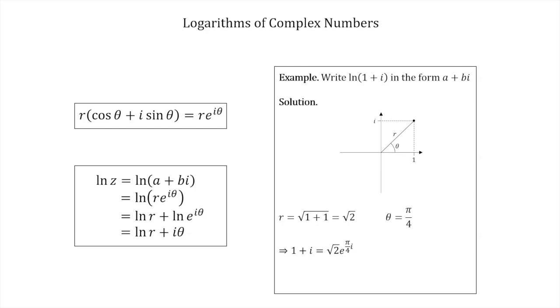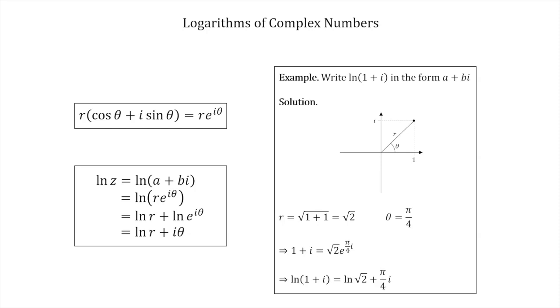So the log of 1 plus i is equal to the log of square root 2 e to the power pi over 4i. But we just said, using this information on the left, what this is equal to. Let's just use the bottom line from the left hand side box. We said that this is equal to log r plus i theta. So that's log of root 2 plus pi over 4i.